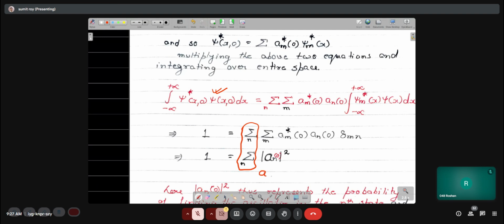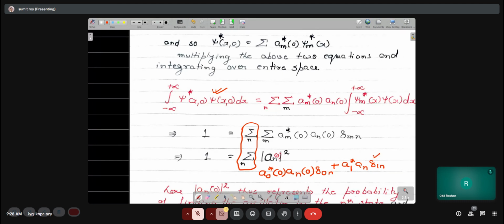So how will the terms look like? The first term will be like a_0 conjugate at t equal to 0, a_n(0) delta 0n, first term, plus taking m equal to 1, a_1 conjugate a_n delta 1n.